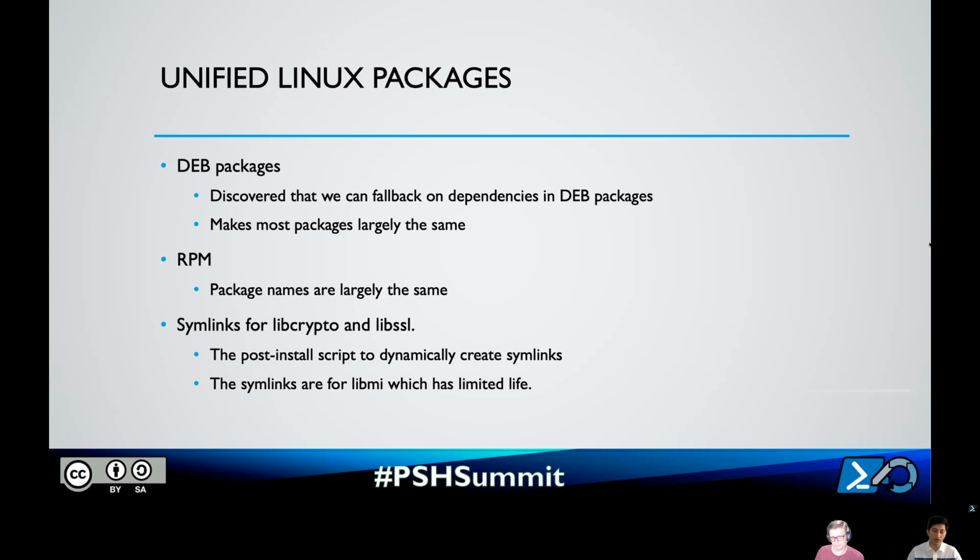But what we are doing now is using a post-install script to dynamically create the symbolic links when you're actually installing the package. That makes it easier for the package to be a single package which can work on all the supported platforms. The symbolic links are only required for libmi, which has limited support, and eventually we will be getting rid of that.